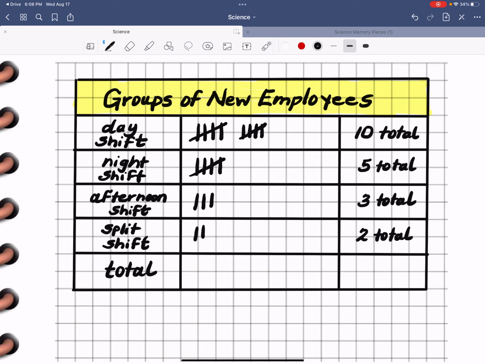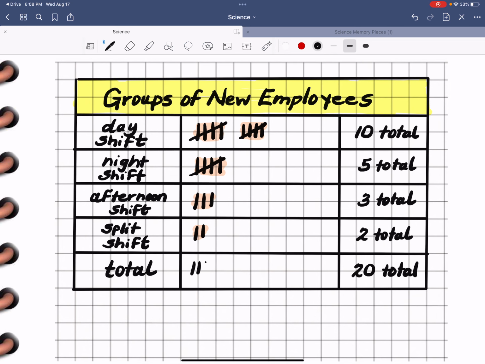So I can count this quickly. There's 5, 10, 15, 18, 20. You can count the tallies, or you can add the numbers over here to get 20 total. Now, if you wanted to see the tally marks totaled, you would have 5, 10, 15, 20.